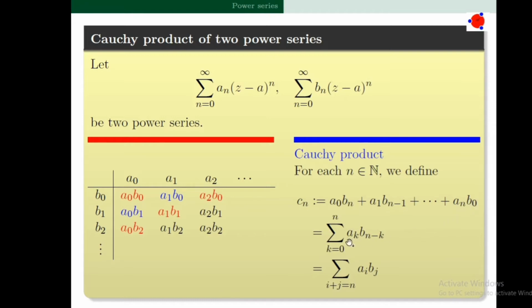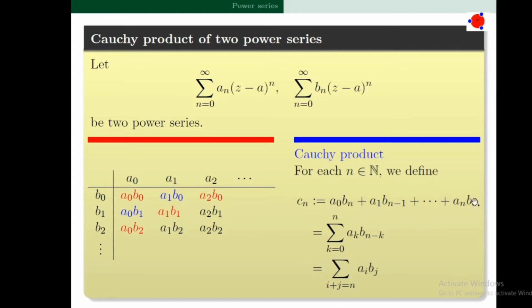We now define a new sequence Cn whose nth term is defined as Cn equals a0 bn plus a1 b(n minus 1) plus etc., an b0.